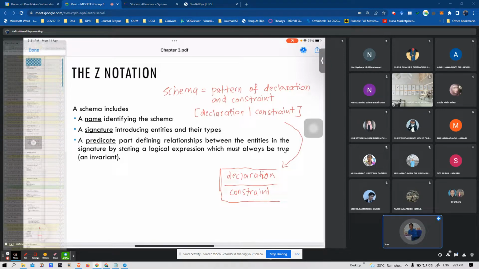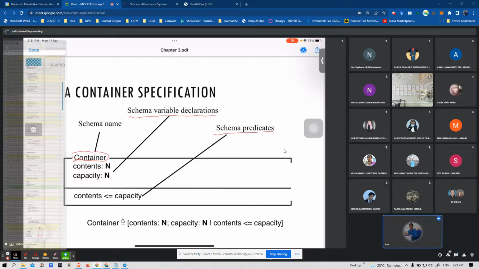In vertical form, we may align the semicolon between declarations and the conjunction between the predicates. For unit declarations, for example, you need to have the semicolons, like this.